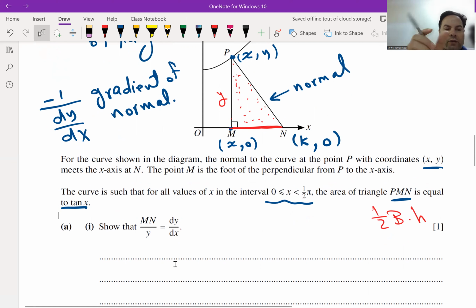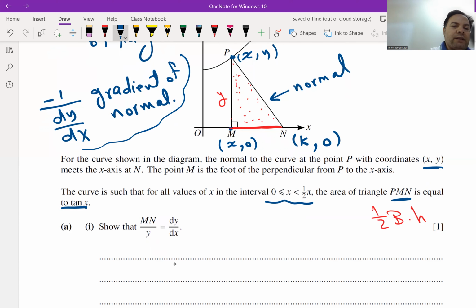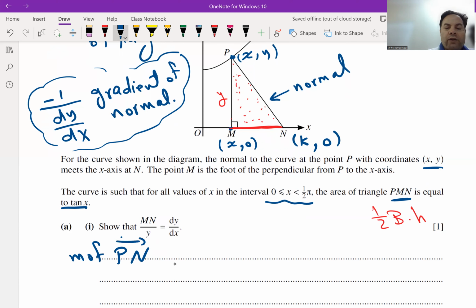First, you have to read the question and start with what is given. It's given the normal to the curve. What is the gradient of PN? The gradient of PN, as I wrote it here, is equal to negative 1 over dy by dx. And you can also find the gradient by using 2 points: y2 minus y1 over x2 minus x1.